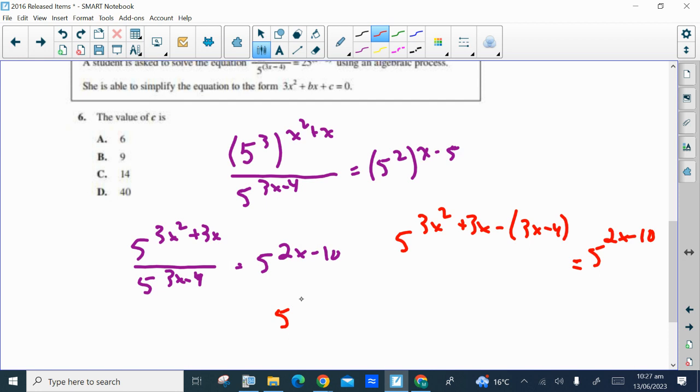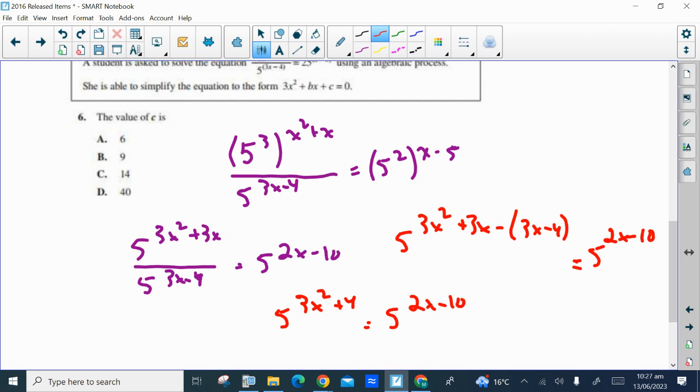So we have 5 to the 3x squared. Then 3x minus 3x cancels, and the negative in front of the bracket will make the negative 4 a positive 4. And now we have both sides expressed as a single power with the same base.